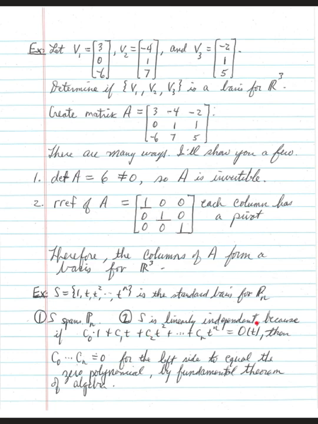The only way this is going to be equal to the zero polynomial is if every one of those coefficients is zero. So for the left side to equal the zero polynomial, by the fundamental theorem of algebra, all these coefficients have to be zero.